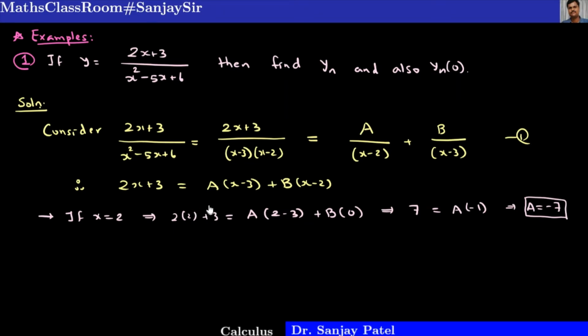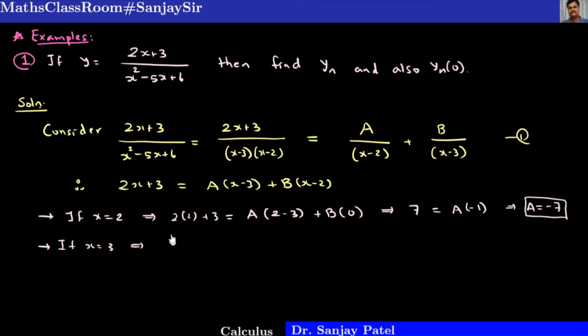Sometimes you will get two equations, and you can then solve those equations and find the values of a and b. But this is an easy observation. Taking x equal to 2, the constant b automatically goes, and we can find the value of a directly. If x is equal to 3, by observation this term goes, so I can get the value of b directly.